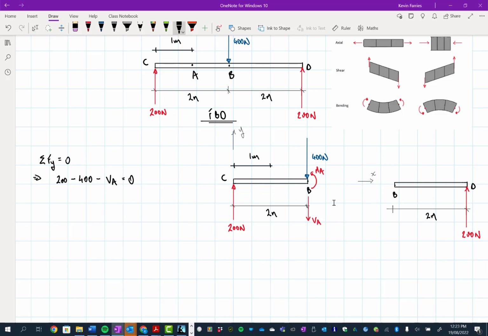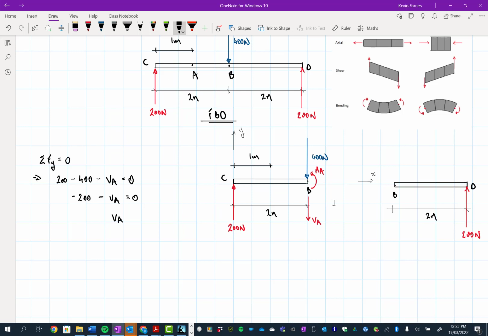So therefore 200 minus 400, I'm just thinking ahead here to see if I've made a mistake and if I'm going to get the right answer. We've got minus 200 minus VA is equal to 0. I know this shear should be negative.